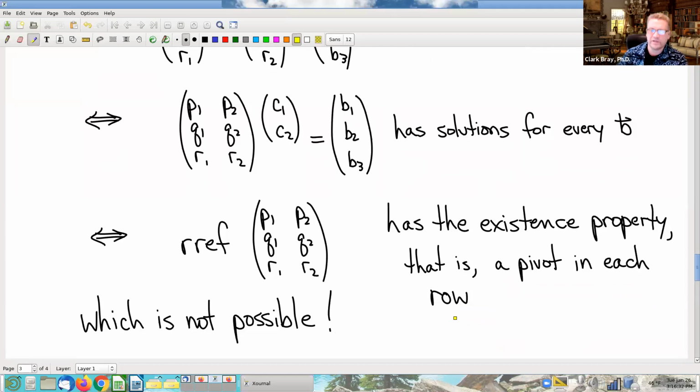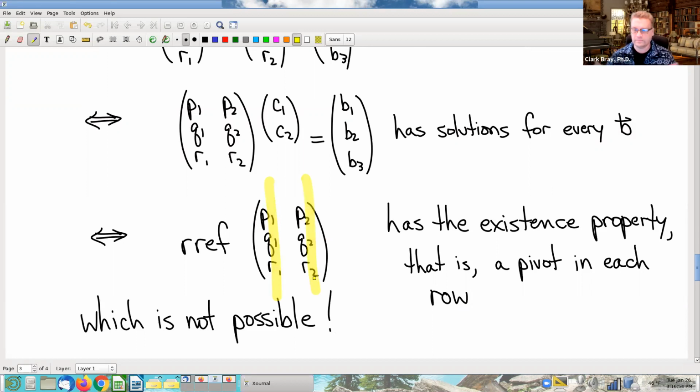Can I possibly have a pivot in each row? Well, where could the pivots be? I guess I could have a pivot there and a pivot there. I suppose it's possible that I have a pivot here. Well, then I wouldn't have anywhere else to put a pivot. There's only so many cases. These cases, again, don't even really matter. What's blindingly obvious is I have clearly 2 columns only.